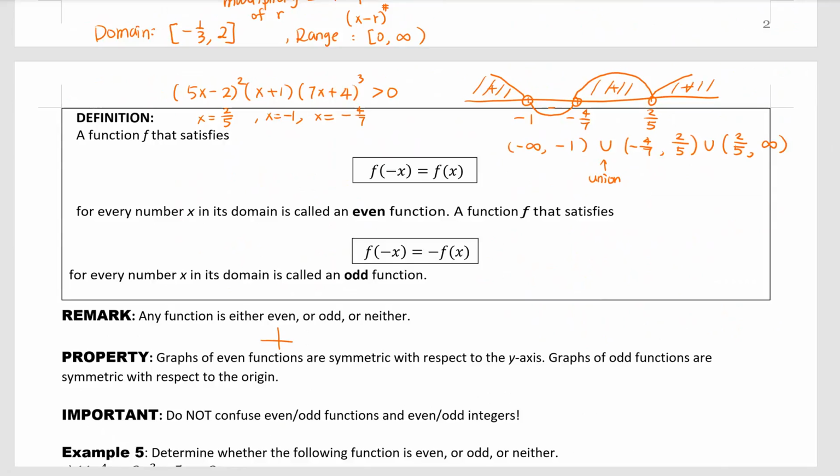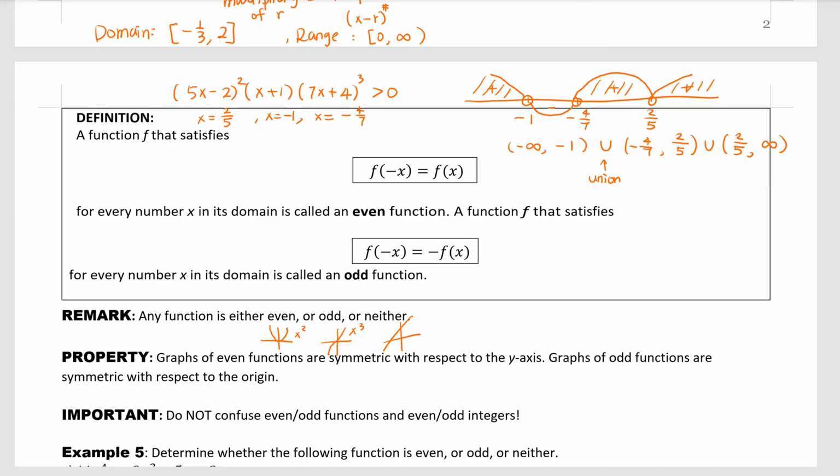So this is an even function, x squared. For an odd function, give me an example: x cubed, right? Neither, in general, let's look at this line, is neither even nor odd.